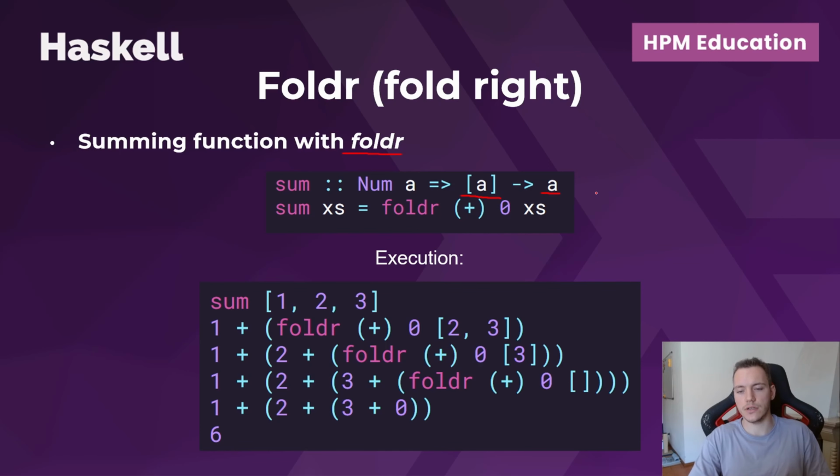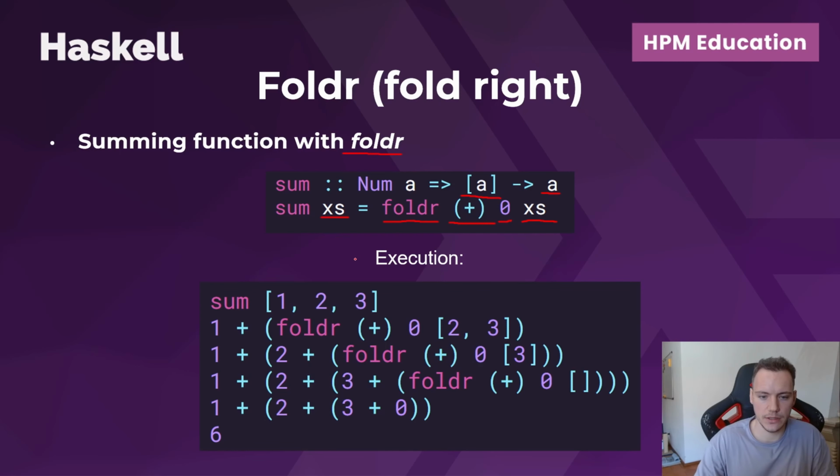We give back just a return value that is the sum of all the elements inside the list. So we would define this as foldr. Our combining function is the plus operator. Our starting value will be 0, and the data structure we want to apply it to is our list that we give to the sum function.